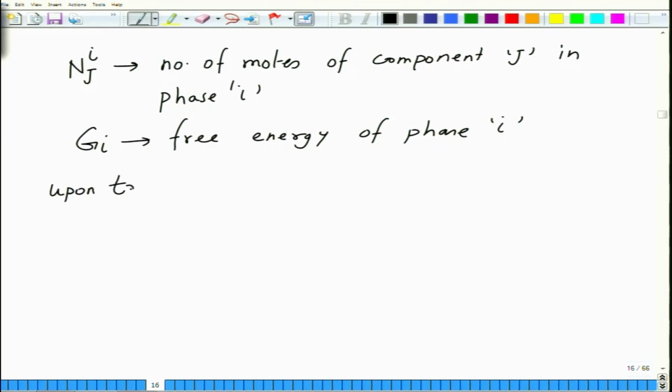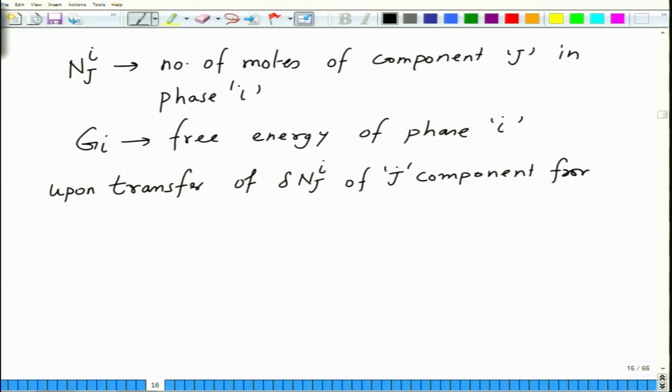So upon transfer of del Nji, a very small amount of the jth component from phase I to another phase, I can write the change in the free energy as delta Gi is equal to del Gi divided by del Nji into delta Nji.